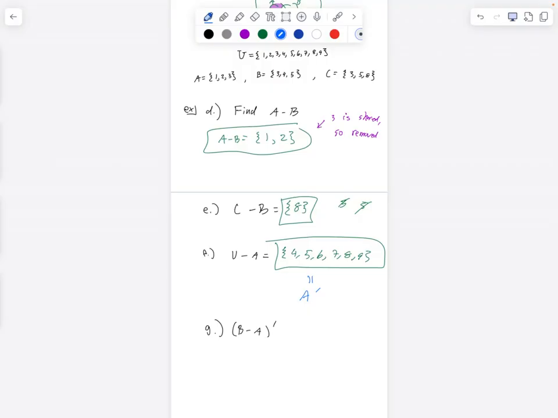So now I can find B minus A complement, which is everything else. Everything else from the universal set. So what's everything else? What's everything else from the universal set that's not these 2 numbers? Last piece and then we're done.